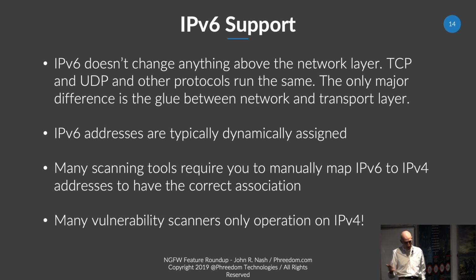So now I said, well, I want to scan this range. They said, well, you can't scan IPv6. You have to basically manually enter every system that's running IPv6 and put its address in and associate that with the IP version 4 of that system. I'm like, you're kidding me. The point of it is I don't know which system's running IPv6. I don't want to go hunt that down. I want the scanner to tell me. Can't do it. So that was kind of enlightening.